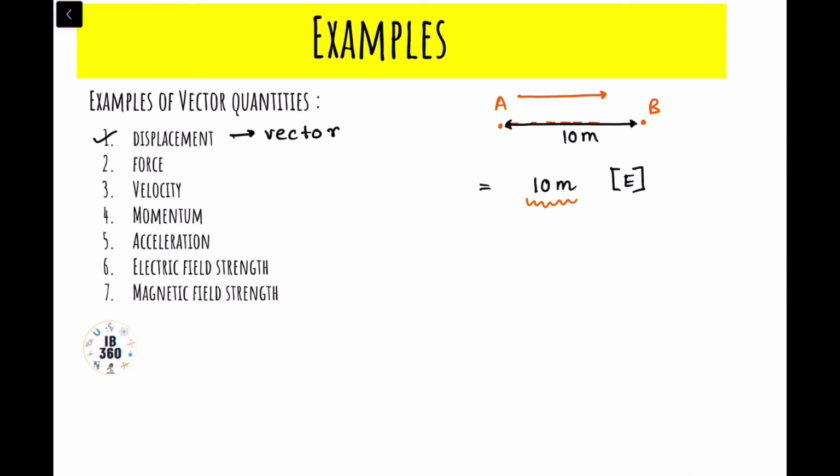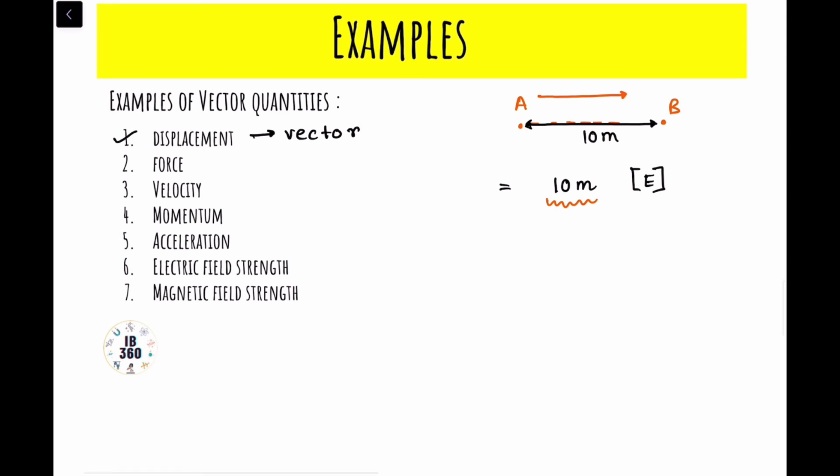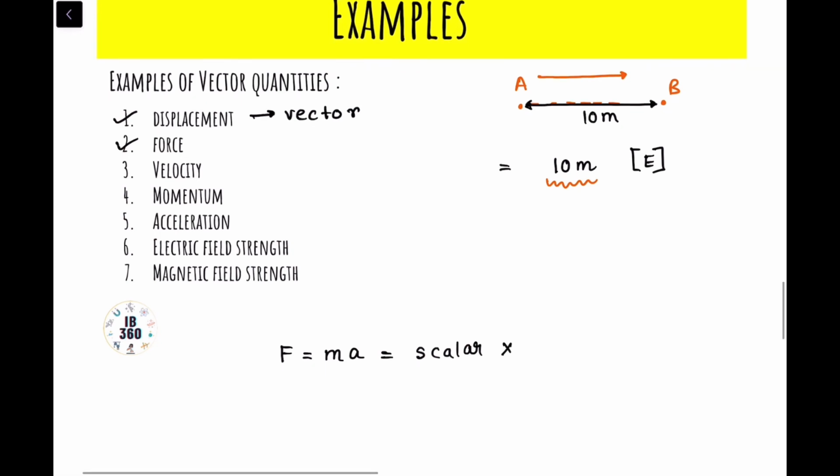Now if you just know that displacement is a vector quantity, you can easily solve any other quantities. For example, force. How do we know force is a vector quantity? See, force is mass into acceleration, right? Now mass is a scalar quantity. Again, we don't know what acceleration is, right?